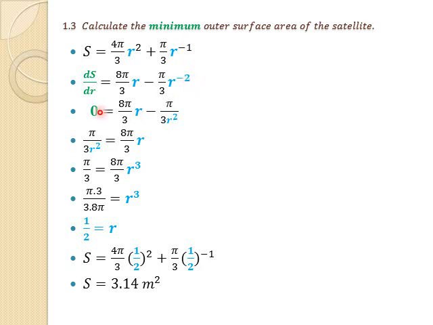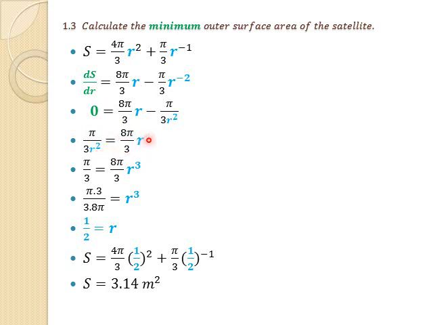It's equal to 0 for my first derivative, so I differentiated s with respect to r. That gives me 8 pi r over 3 minus pi over 3r squared. If I bring it to the bottom and take the negative across, it becomes pi over 3r squared equals 8 pi r over 3.